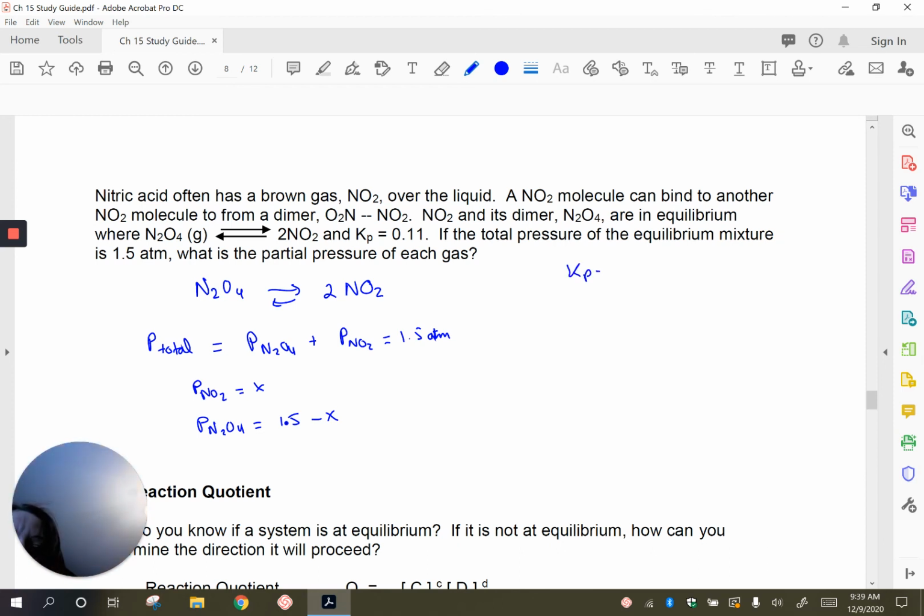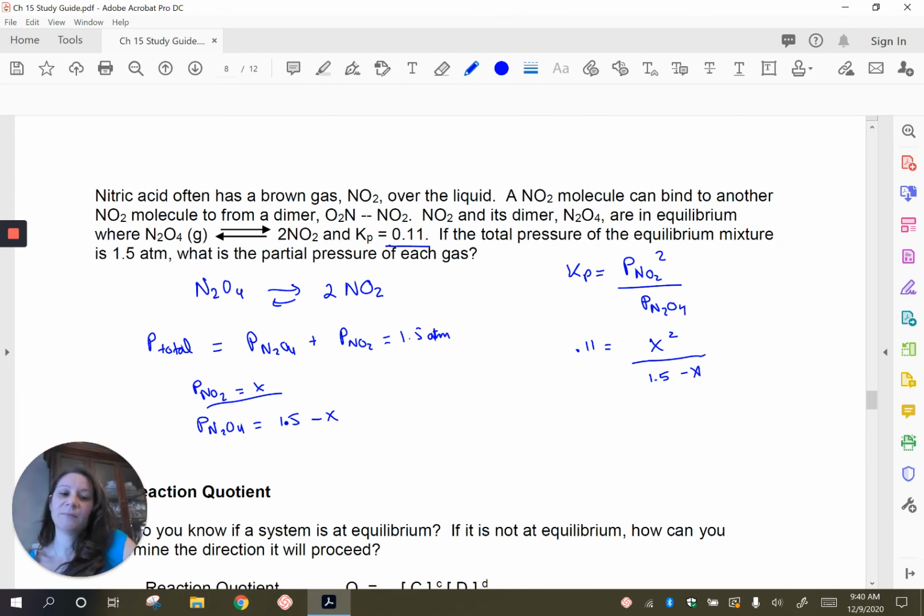So Kp here is going to be the partial pressure of the NO2 squared over the partial pressure of the N2O4. So my Kp is 0.11. So that is equal to, we said the NO2 is going to be X, so X squared over 1.5 minus X. And I can solve for what X is.